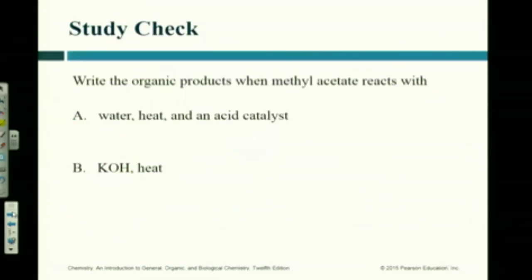Sorry. So we could show these two reactions here. Let's think about it. Methyl acetate. Maybe we need to know what acetate is. I'll give you the starting thing here. Here's what we have.